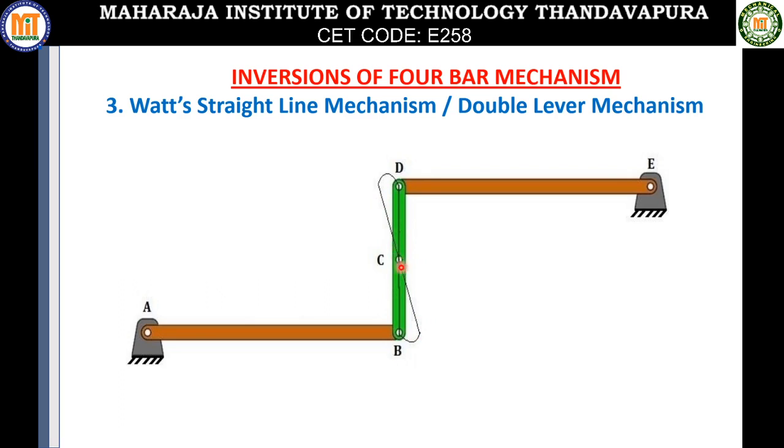The center point C of the link BD traces an approximate shape of 8, and out of that shape, the major portion will be an approximately straight line. That is why we call it Watt's straight line mechanism. This kind of mechanism is used to draw an approximate straight line. So this is the double lever mechanism.